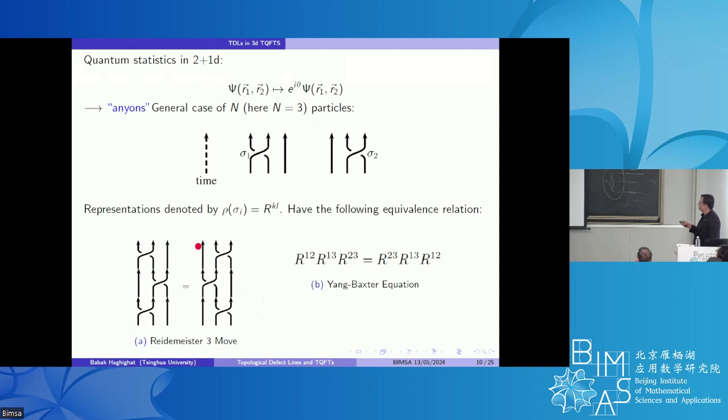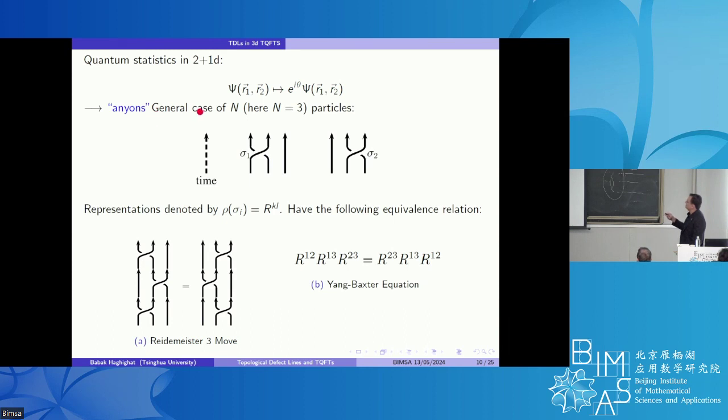We are interested in 2+1D because we're going to add these particles there. Now, because you're in 2D, you cannot move the loop off the particle because you're stuck. So what happens is that you will get a non-trivial action on this wave function, and it can be any phase. The particular phase determines what type of anyon.